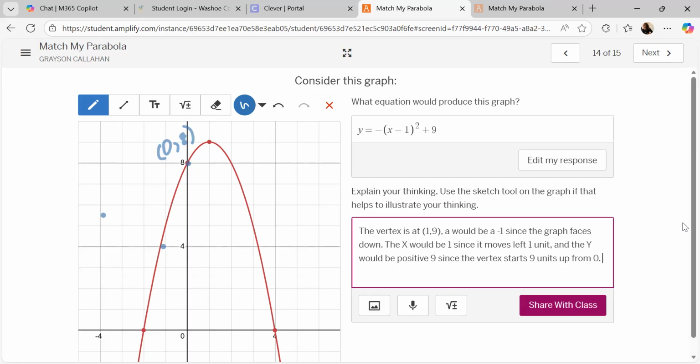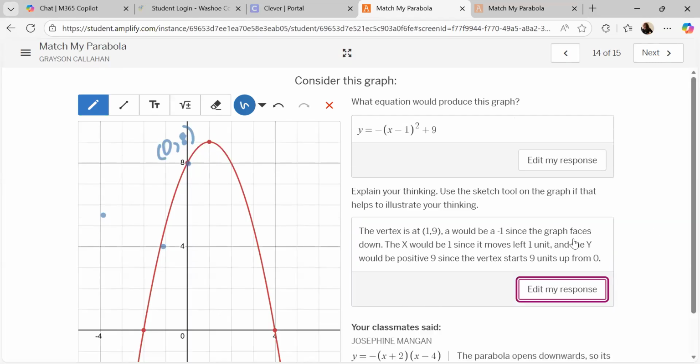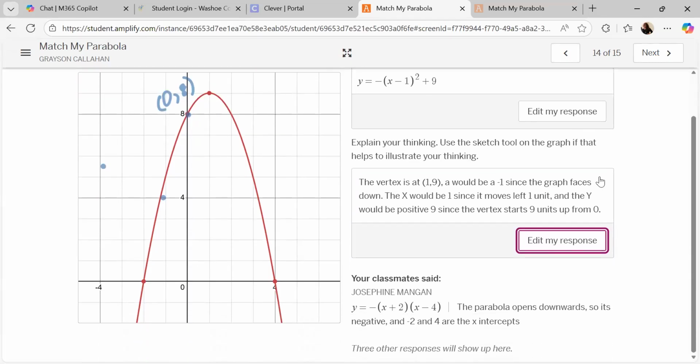Did you already hit share with class? Did you see what other people are writing? Do you see how other people already finished their work and you need to go ahead and do this regularly as well?